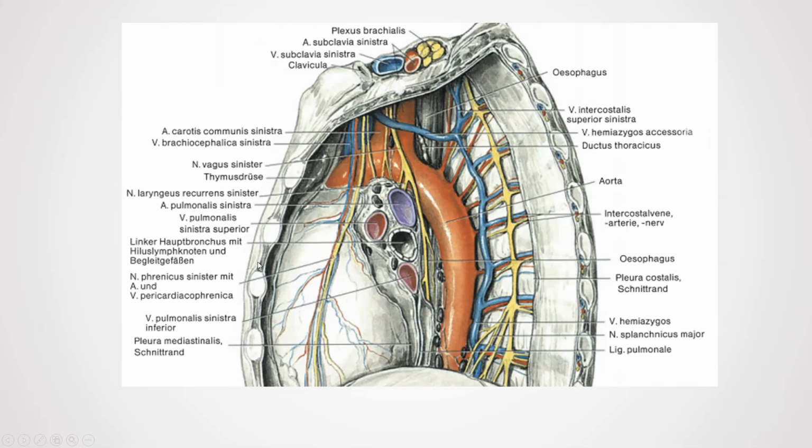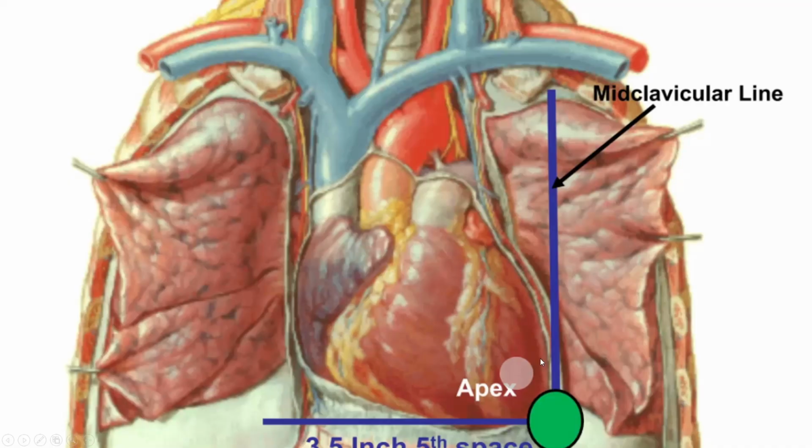Inferior we have the sternum in front of the heart. On top the aorta. On the inferior part we have the diaphragm. Here we see the midclavicular line, and 3.5 inches to the 5th space we can find the beat of the apex by palpation.